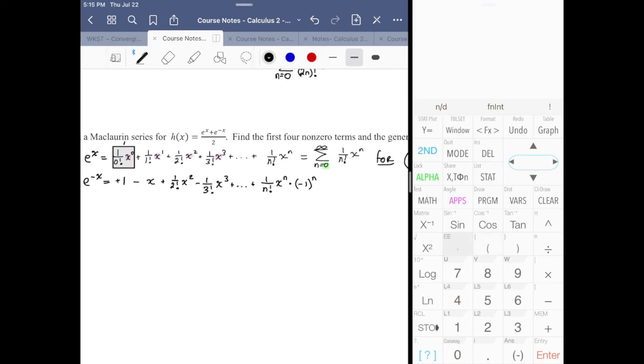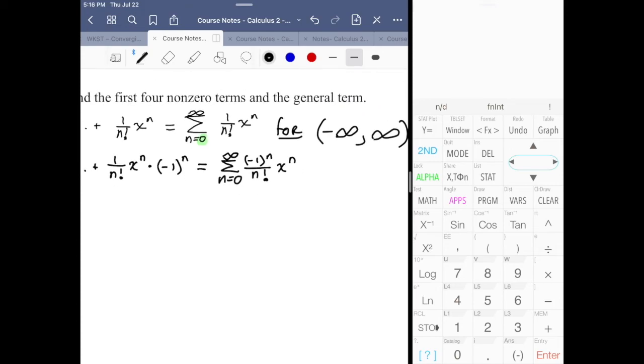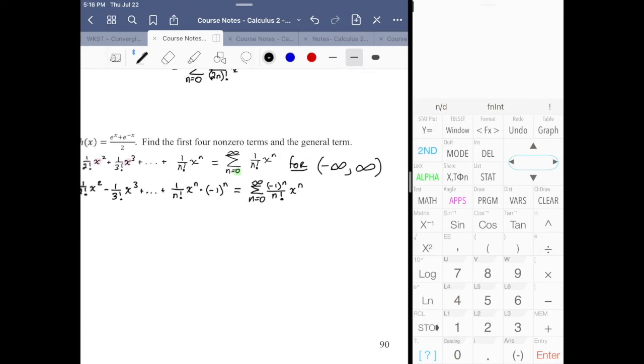So that works out nicely, so I'll just put an n there. All right. So this is going to clean up to the sum from n equals 0 to infinity of, I'll combine the numerators. This will be -1 to the nth over n factorial times x to the nth.